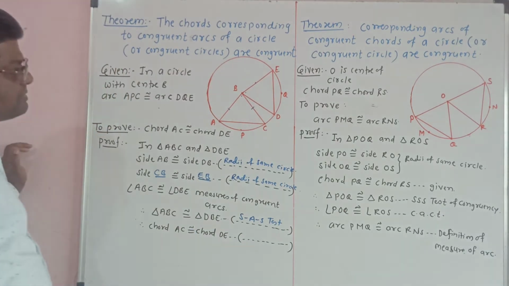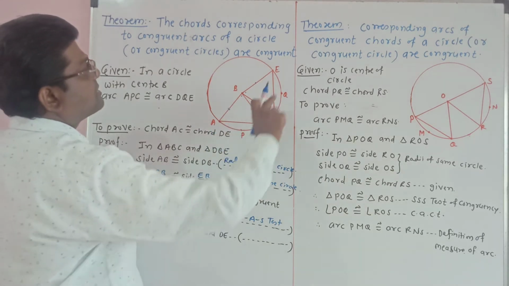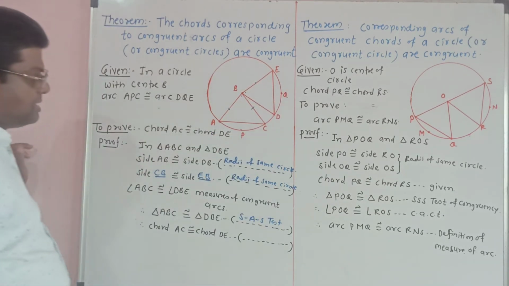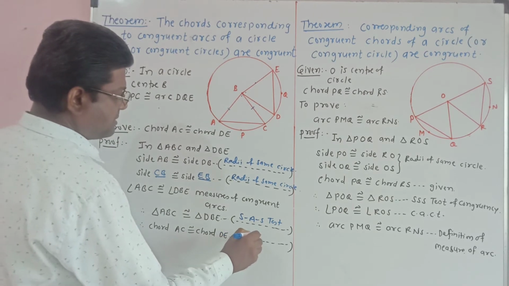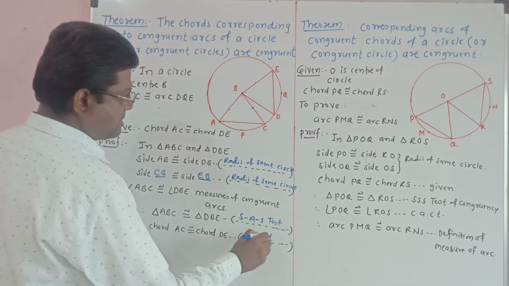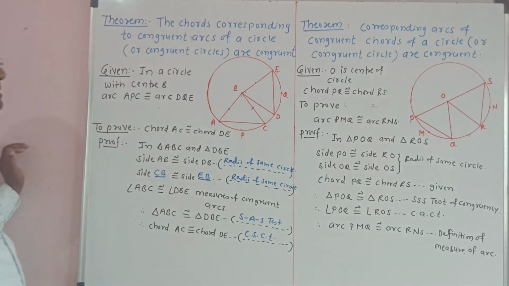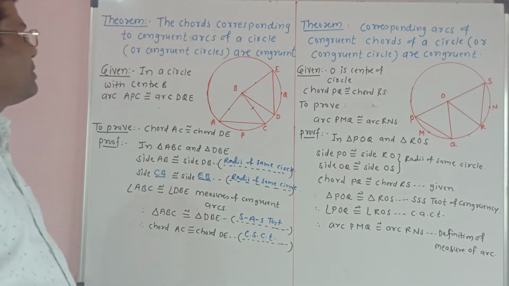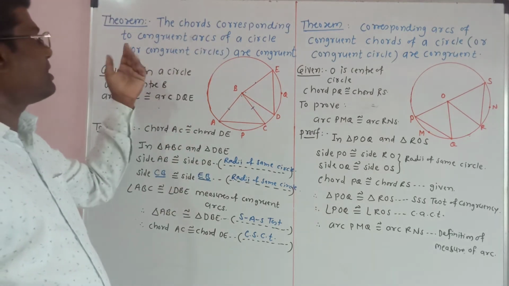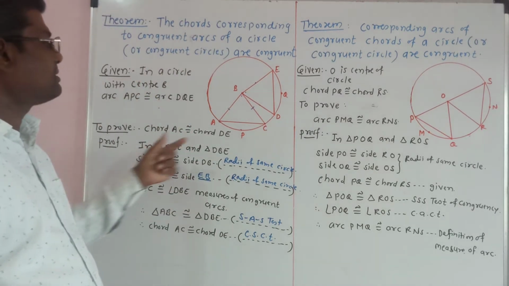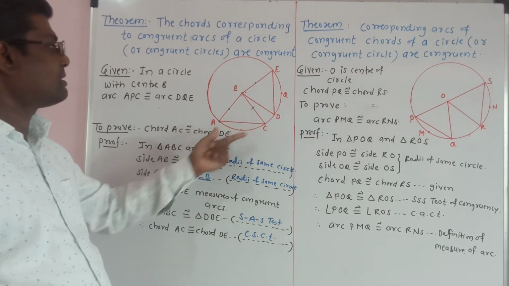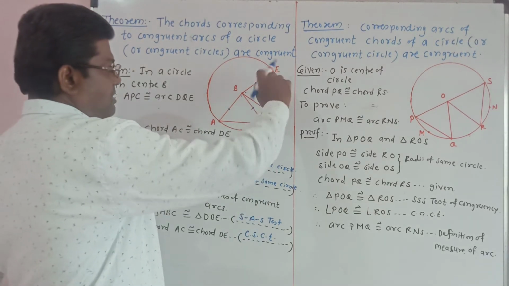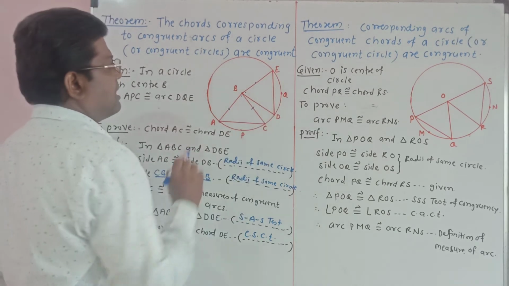Therefore chord AC is congruent to chord DE. This is because of corresponding sides of congruent triangles, CSCT. So the chords correspond to congruent arcs. This is the chord corresponding to this arc, and this is the chord corresponding to this arc.